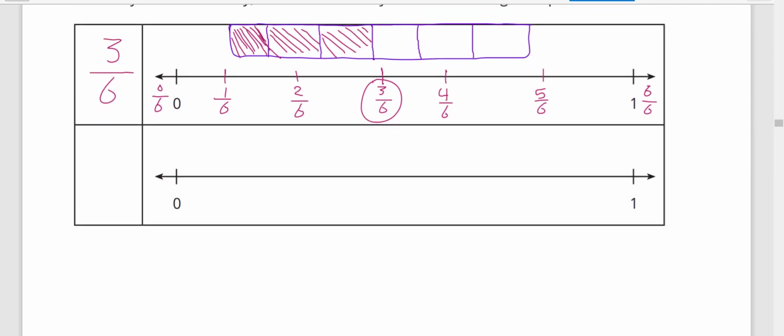Second fraction, you choose any fraction, for example, 4/8. We will divide this number line into 8 equal parts.